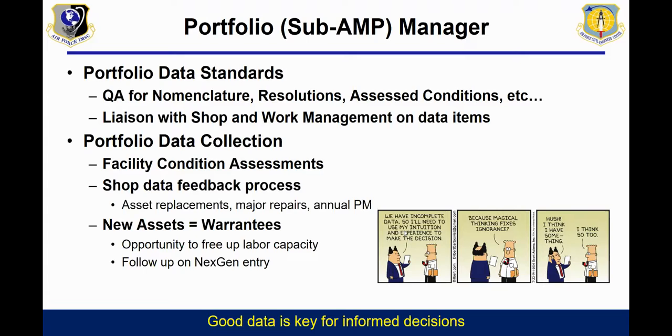They're the ones trying to make sure that the data entry is good, they can go in and QA and make sure we're getting those resolution descriptions, we're using the right nomenclature, we've established nomenclature for it, and that we are getting those condition assessments. If they're reaching out and interacting with the shop, finding out, did we have a major replacement?